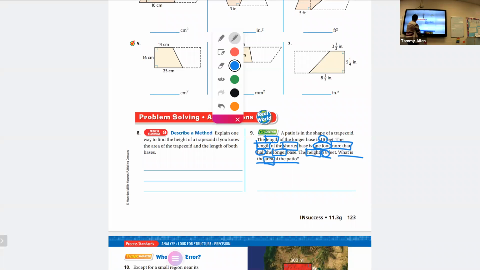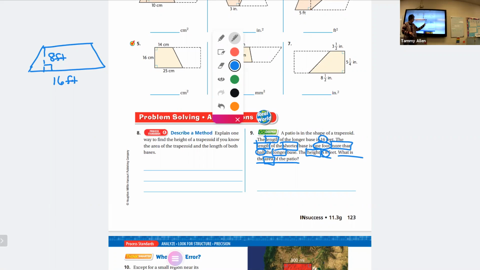So we have a trapezoid. What do we know about it? The longest side is 16. All right. What else do we know about it? The height is 8 feet. But when you divide 16 by a half, you have to add another foot onto it. So we divide 16 by 2 because that's half, and then we have to add another foot onto it, right?